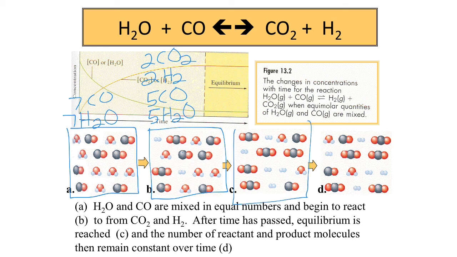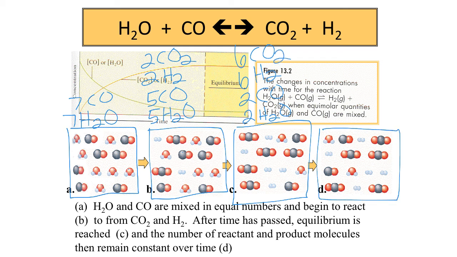Once we get to time C, then we obviously see that we have a lot more carbon dioxide and hydrogen gas. We now only have 2 water molecules. We also only have 2 molecules of carbon monoxide. We have 1, 2, 3, 4, 5, 6 molecules of hydrogen gas and 6 molecules of carbon dioxide gas.